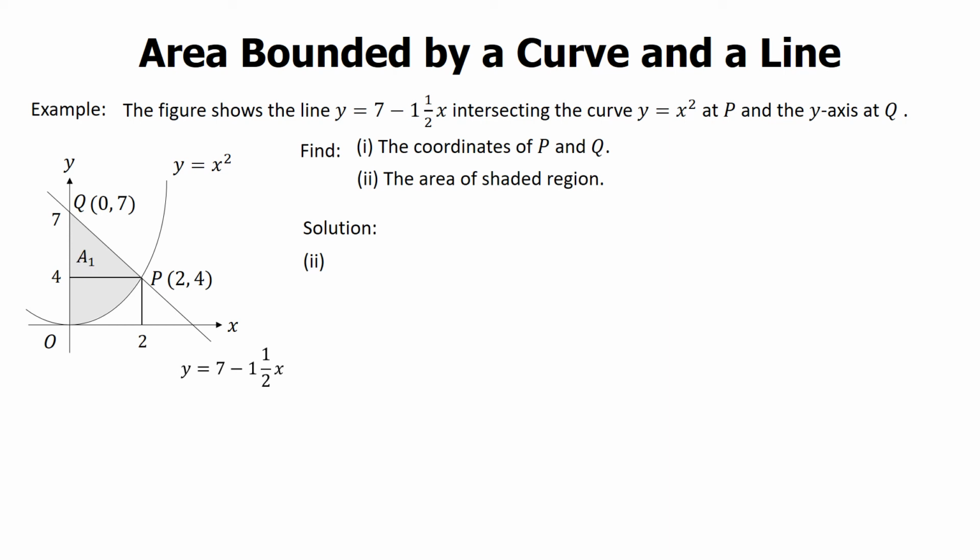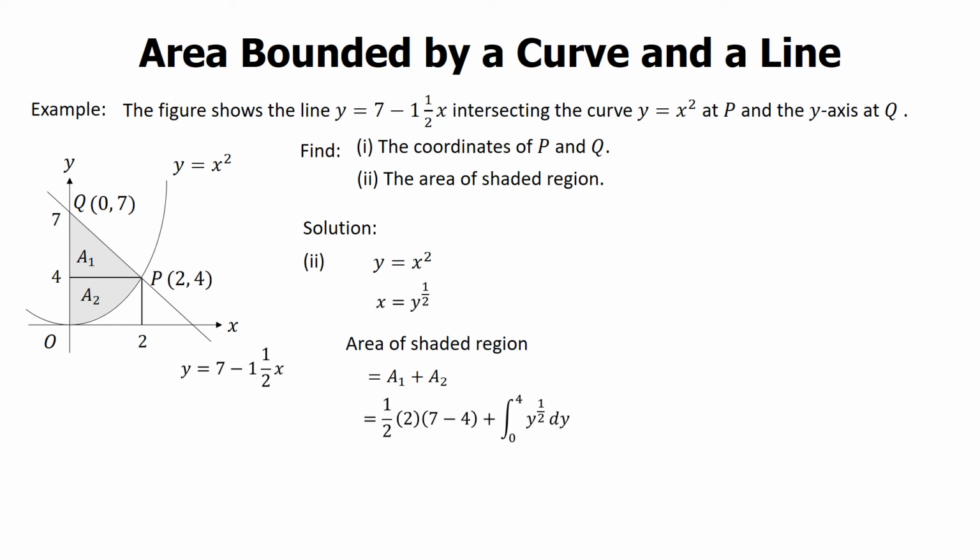We label this region as A1, which is a right angle triangle, and this region as A2, which is the area bounded by the curve and the y-axis. Given that y equals x squared, we make x the subject, so x equals y to the power of half.